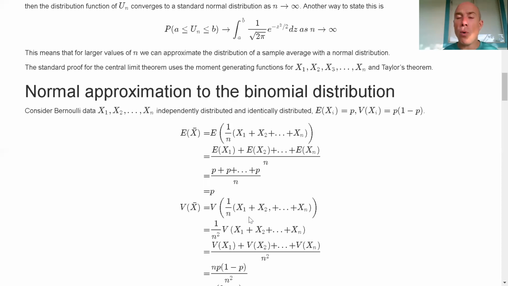Factorials can be hard to work with if I have to actually compute for large n. If it's difficult to work that out, I would like a faster, easier way to go. So what I'm going to do is approximate the binomial distribution using the normal distribution.